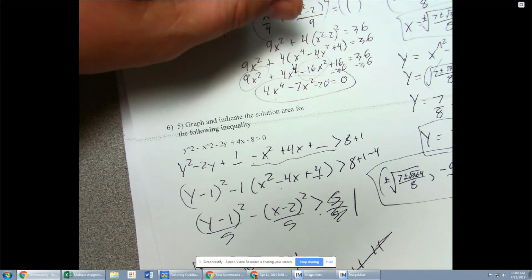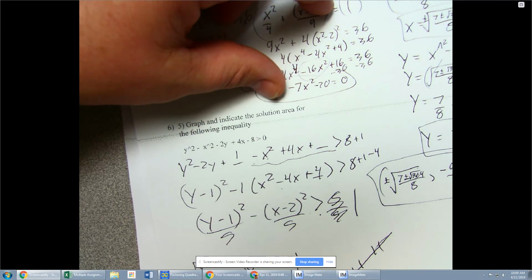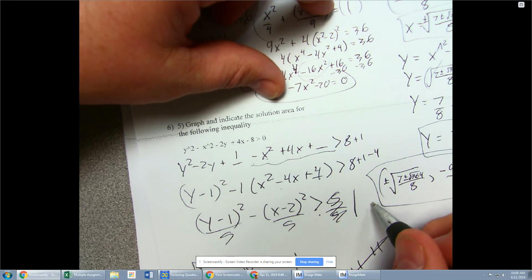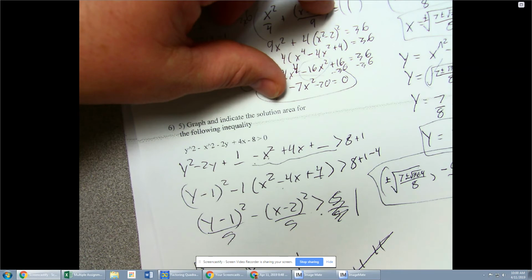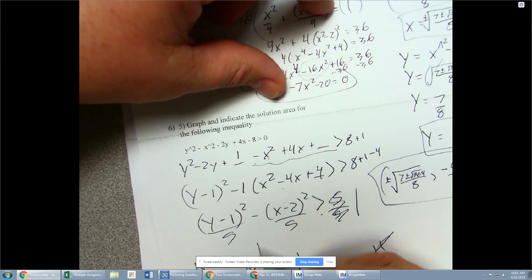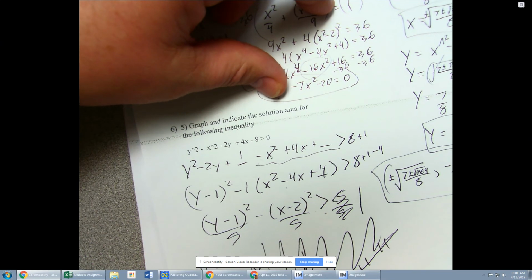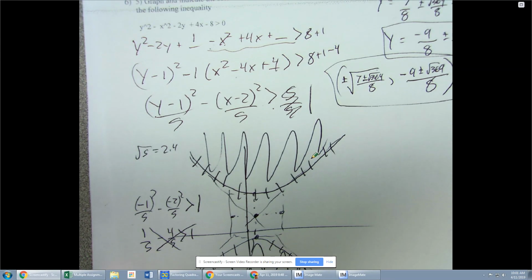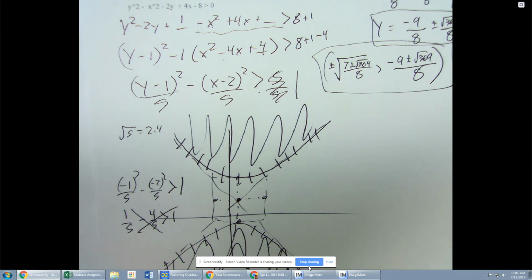And if I put in 0, 0, I'm going to get negative 1 squared over 5 minus negative 2 squared over 5 is greater than 1. Let's find out. 1/5 minus 4/5, is that greater than 1? The answer is no. So I don't shade the 0, 0 area. I shade the parts inside. So that should finish everything up and should be good to go.